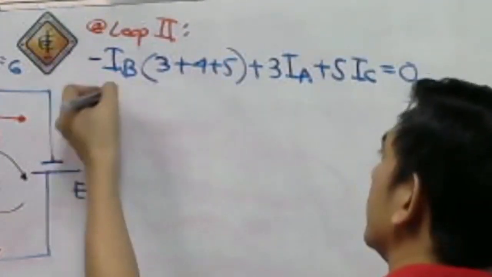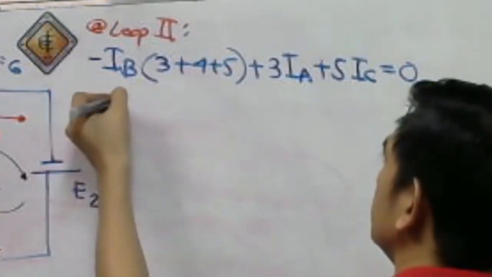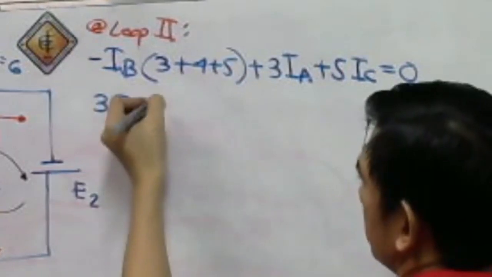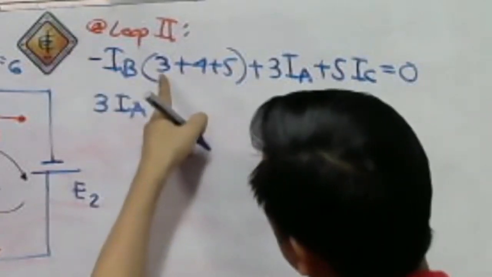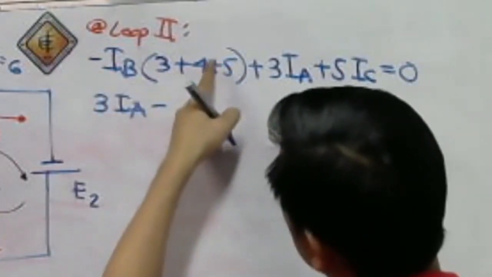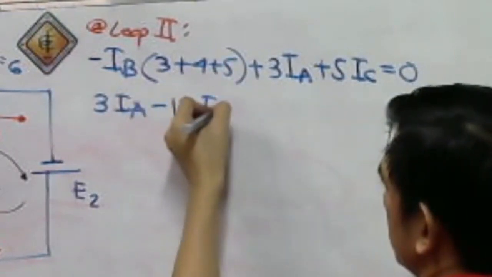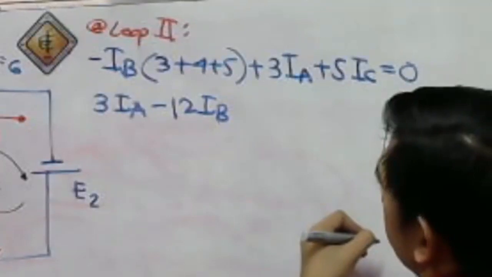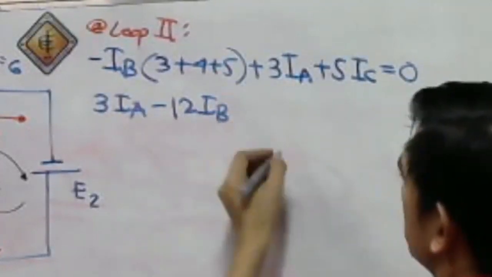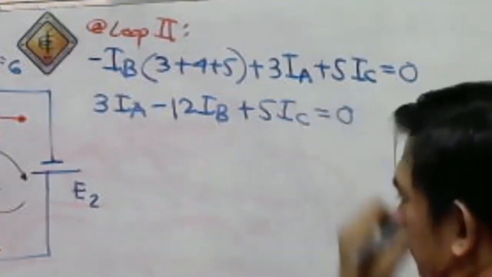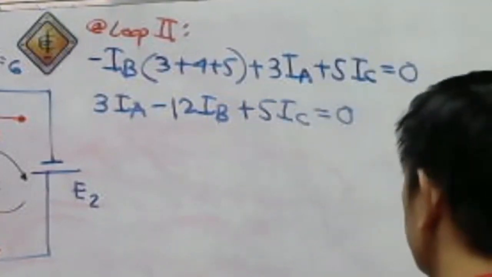Let us simplify this. This is positive 3IA, then minus, how much is this? 3, 4, 5, 6, 7, plus 5, so that is 12 I sub B. 3IA minus 12 I sub B, then plus 5 I sub C, equal to 0. So we have equation number 2 now.